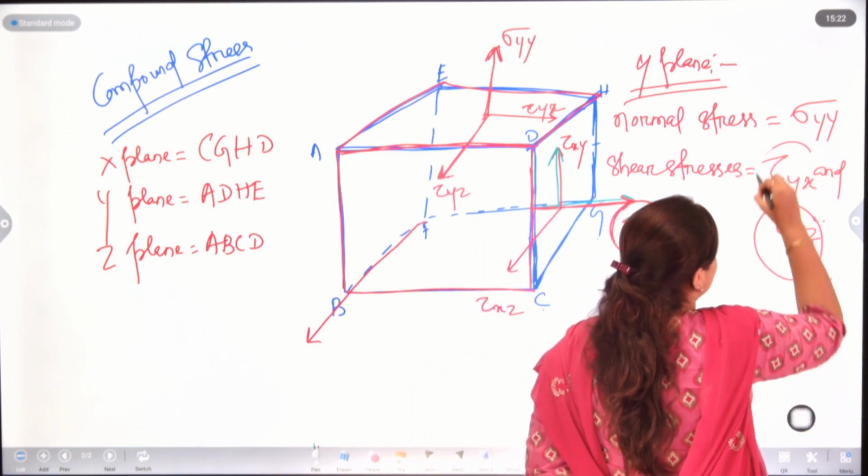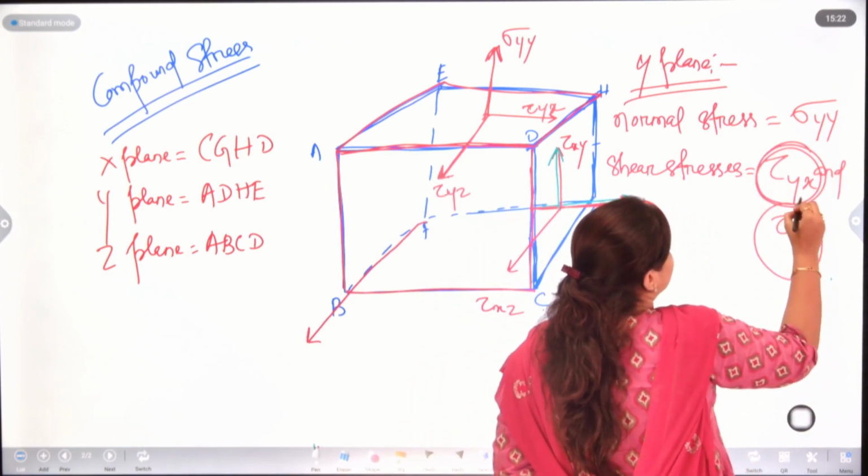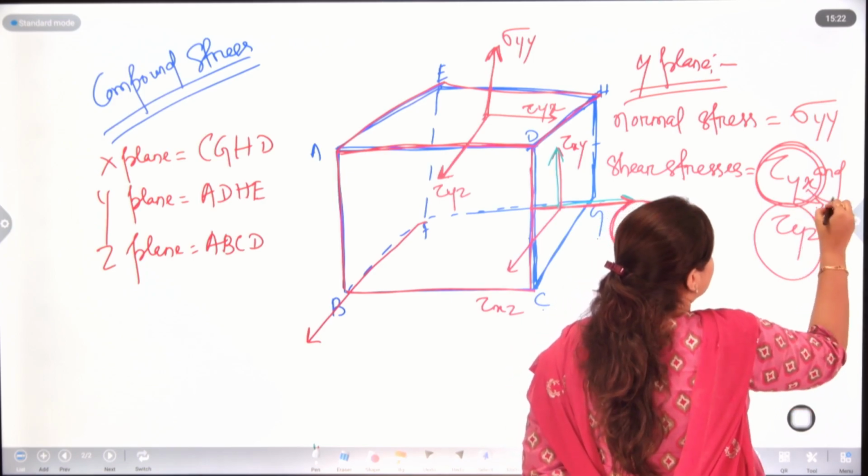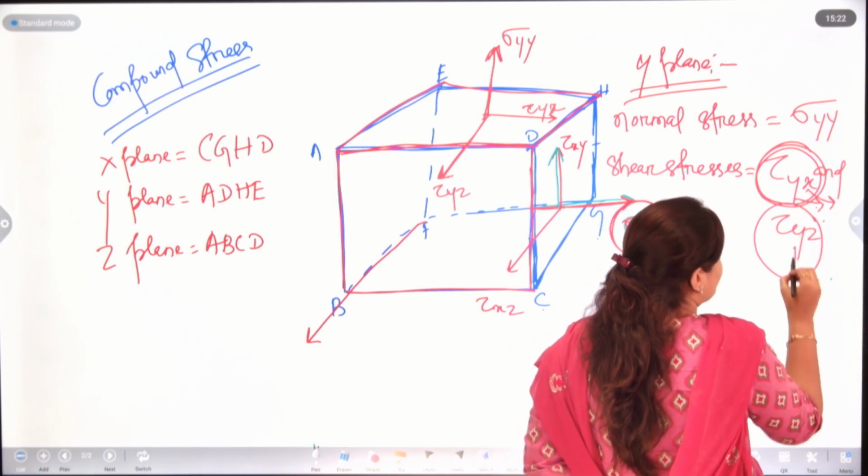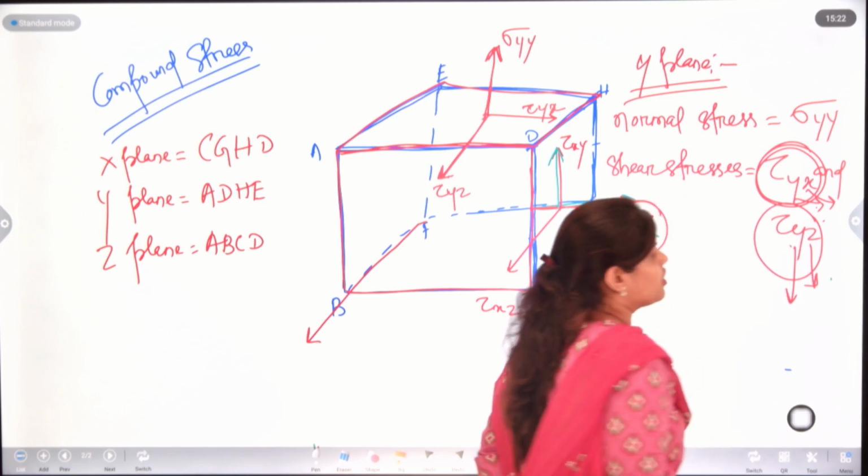We use these suffixes because tau yx is along the y plane and x direction, and here it is along the y plane and in the z direction. Okay.